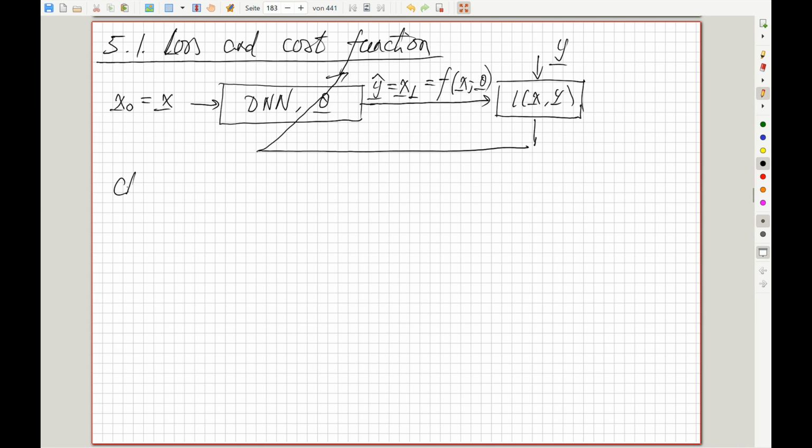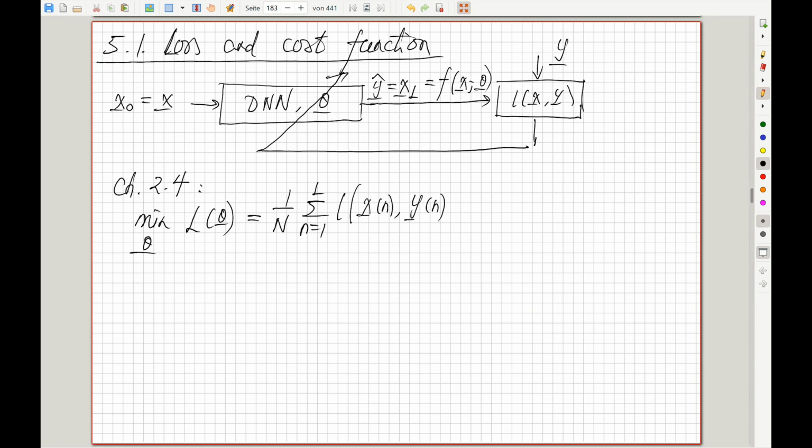And now we review a result from our development in Chapter 2. We try to minimize the so-called cost function L, a function of the unknown parameter vector theta. And this is defined to be the arithmetic average over all training samples, n to L, of a so-called loss function. And the loss function is now calculated at the position of the nth input-output pair. And the loss function depends on the architecture, depends on the parameter vector.